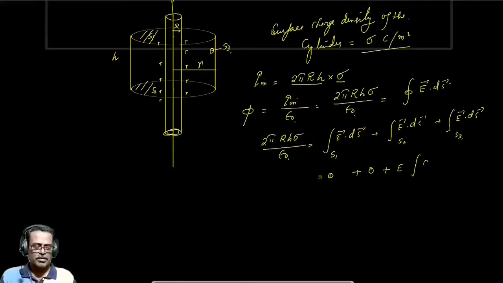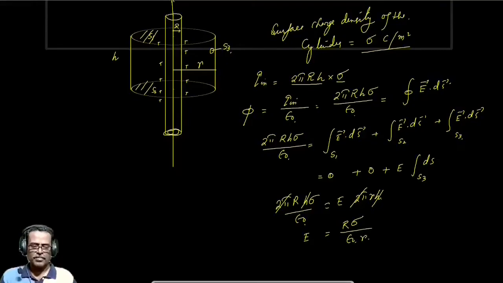So the integral of E dot ds over surface 3 is equal to E into 2 pi r h, equal to 2 pi R h into sigma divided by epsilon 0. 2 pi h cancelled, so E is equal to R sigma divided by epsilon 0 into r.